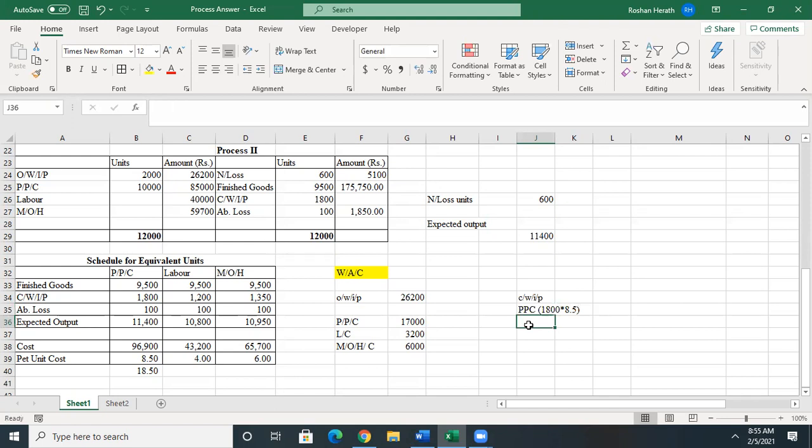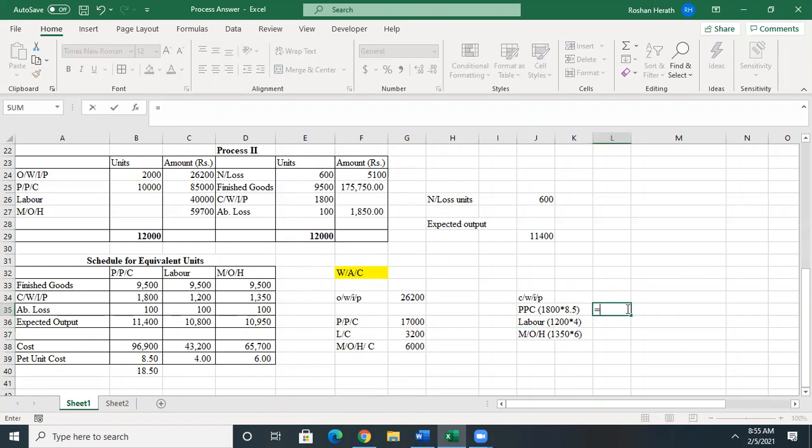Then you have the labor. With respect to the labor, it is only 1,200 completed, and that is into 4. Then you have the manufacturing overhead. It's 1,350 completed, into 6.